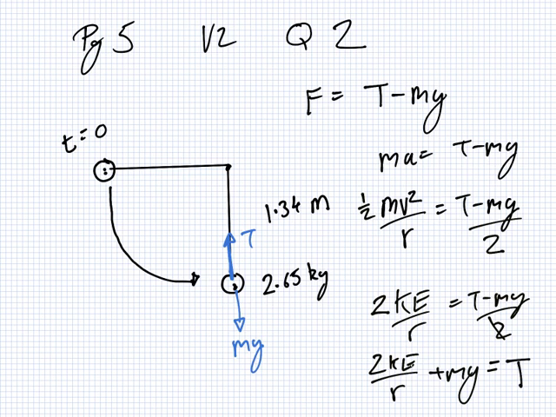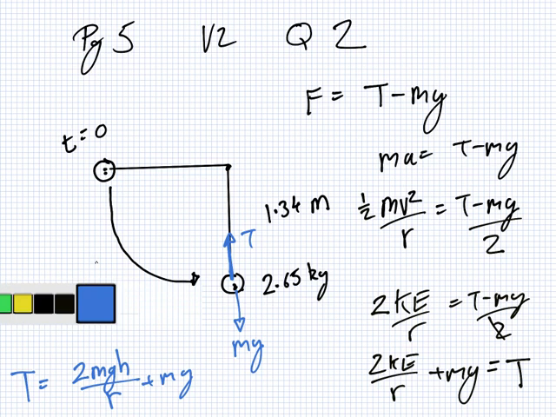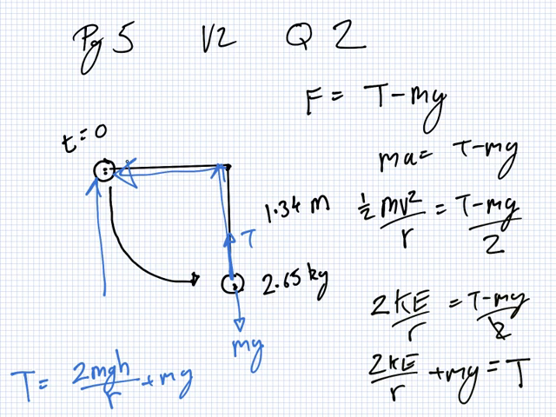Now, do I know the kinetic energy? No. But the kinetic energy here will be the same as the potential energy here. So in the end, you can get this formula. Tension would equal twice the potential energy, which is mgh, over r, plus mg. Now something nice cancels here. If you think about it, this h, which is this, is the same length as this, which is the radius, because it's moving in the circle.